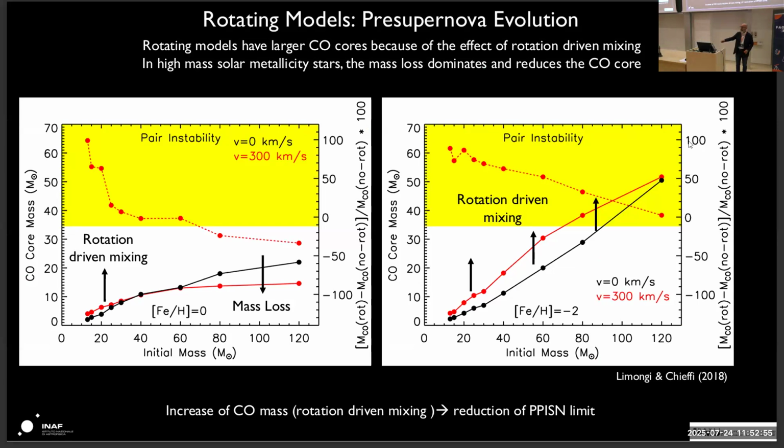But for high masses, the dominant effect is the mass loss, even with rotation. So in this case, we don't have an increase of the carbon-oxygen core, but a decrease, because mass loss is the dominant effect. At low metallicity, you have an increase of the carbon-oxygen core over the whole mass spectrum, and so as a consequence, a reduction of the limiting mass that enters the pulsational pair-instability.